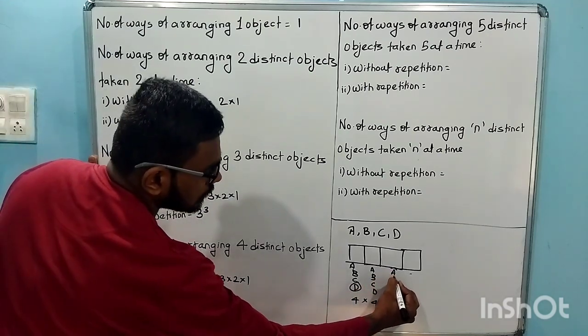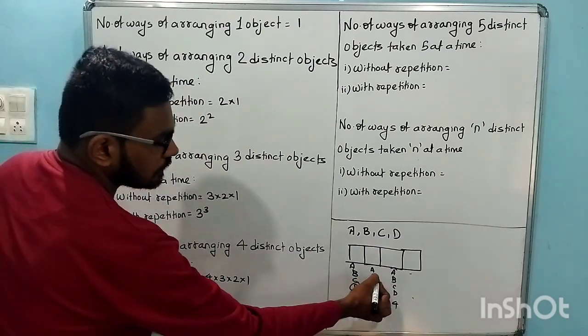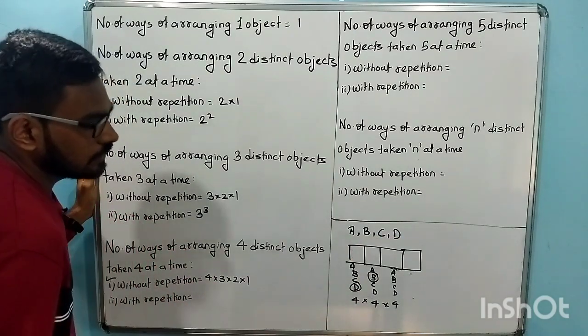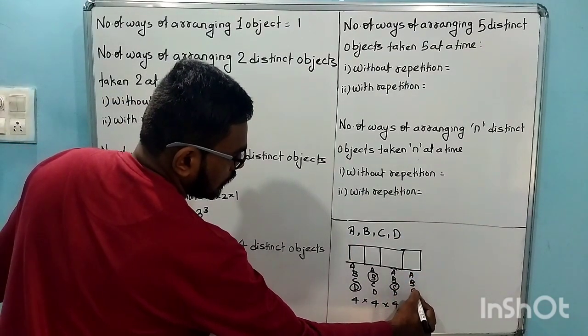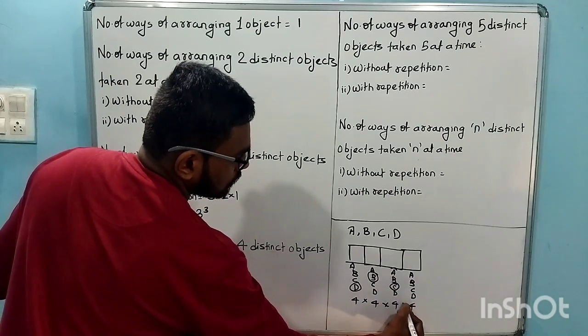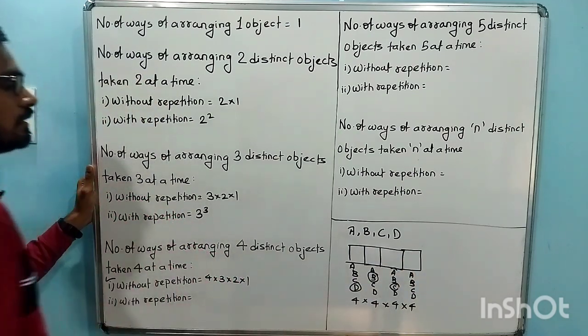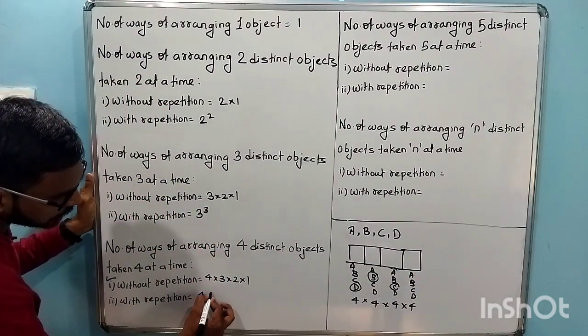Again 4 choices for the third place as well, since if I select any one of these, I can select that again because the repetition is allowed. And again, we have 4 choices for the fourth place, because whatever I select here we can select here also because repetition is allowed. So total it is 4 into 4 into 4 into 4, or 4 raised to 4.